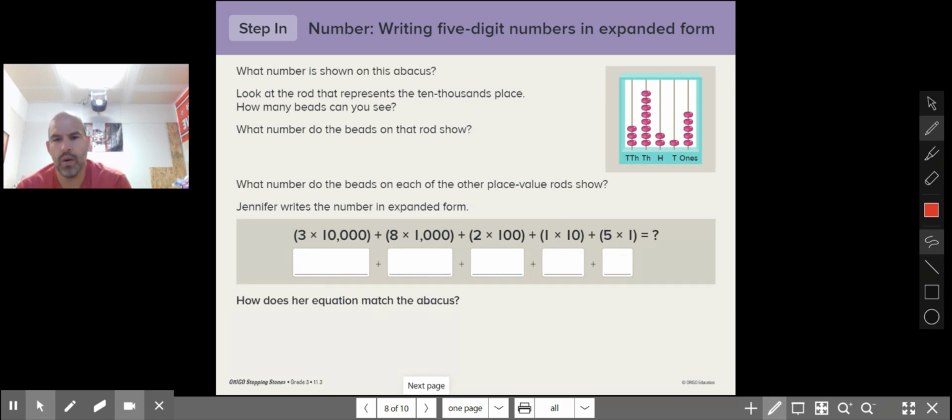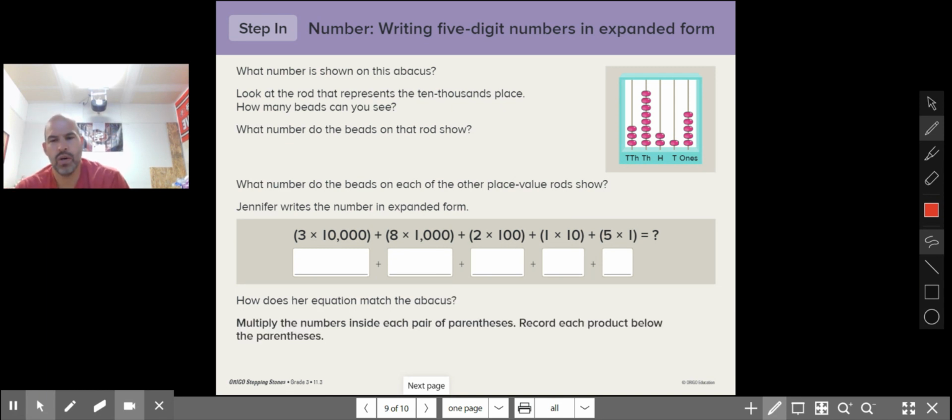Okay? So it says, how does Jennifer's equation match the abacus, right? So when we look at that, we can see that her equation, when you add up each of those parts, each place value, you're going to end up with the grand total of 38,215, correct?